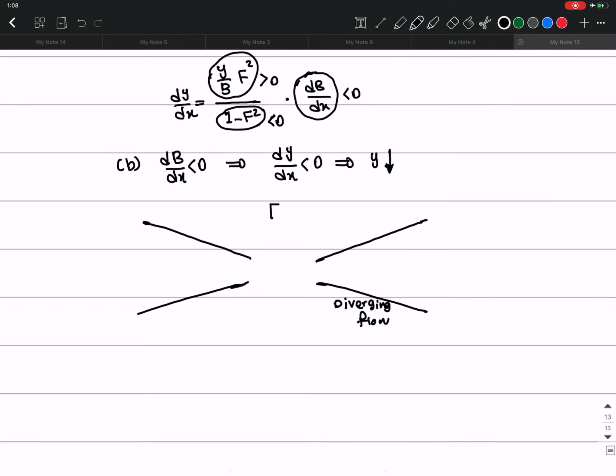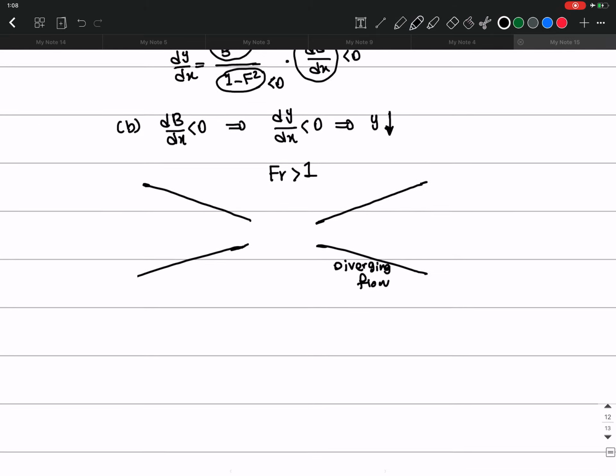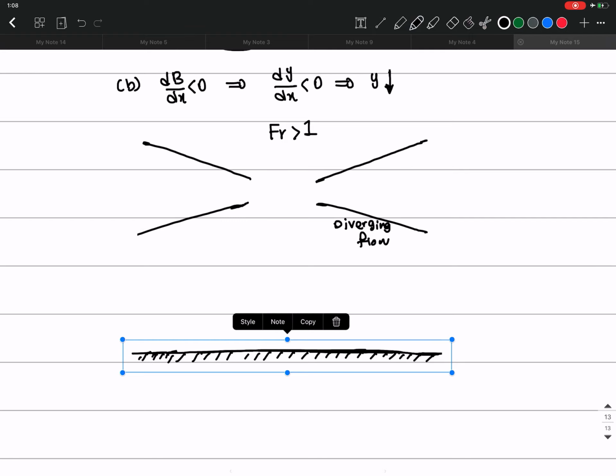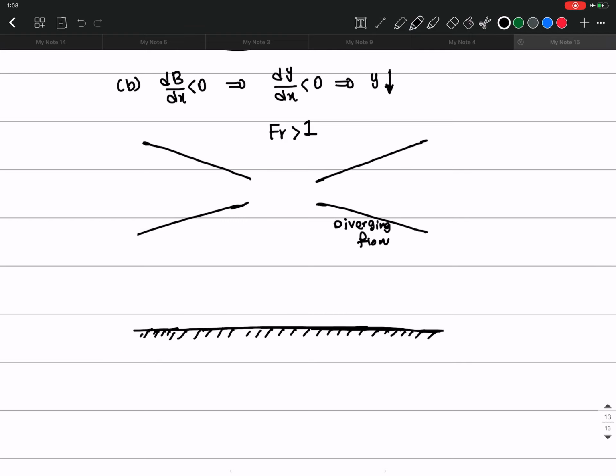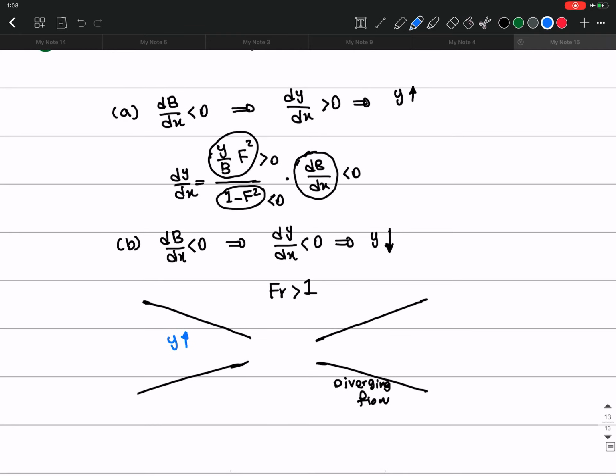And now Froude number is greater than 1. What I'm going to have is this. So here in the first part, y is increasing, and in the second part where we have a diverging flow, y is decreasing, right?